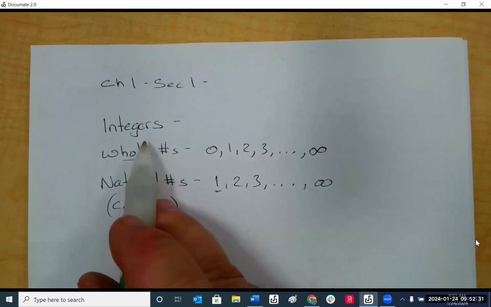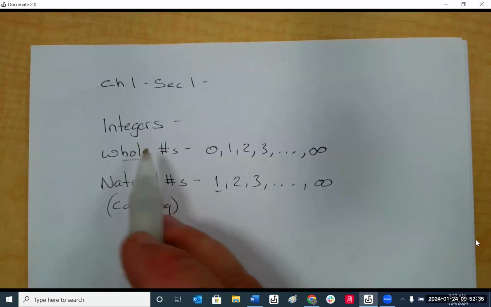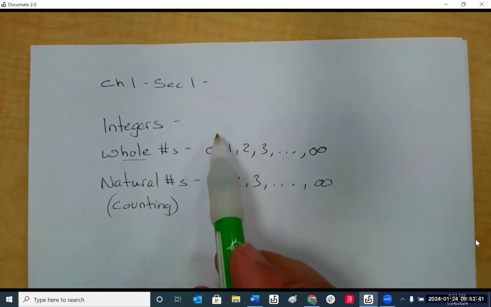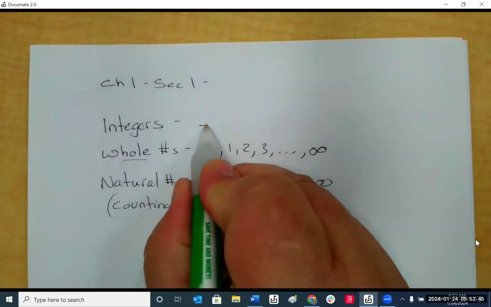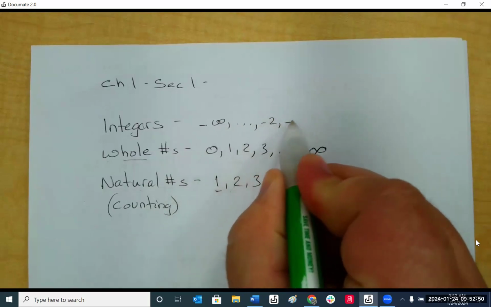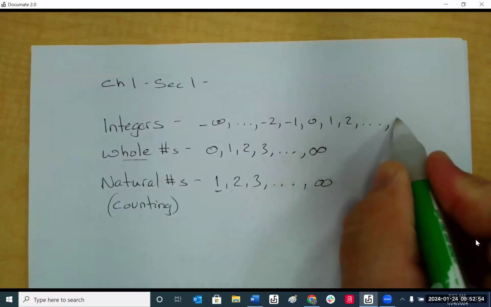What are integers? What else is missing in this? You notice what we're doing here. We have 1 to infinity, 0 to infinity. What's the next step? Negatives. Yeah, so this one goes from negative infinity to 0 all the way to positive infinity.